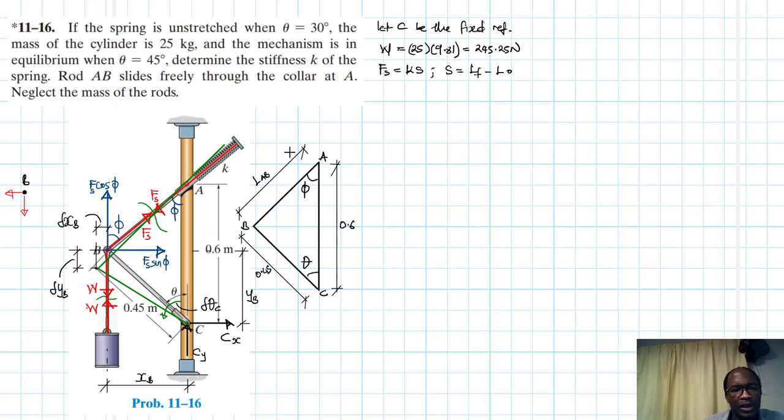All right. So let's calculate LAB. For LAB, we are going to use the cosine rule. This is going to be equal to 0.45 squared plus 0.6 squared minus 2 by 0.45 by 0.6 cos theta, and then we'll have two values.